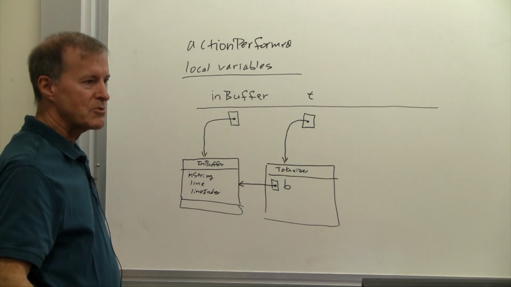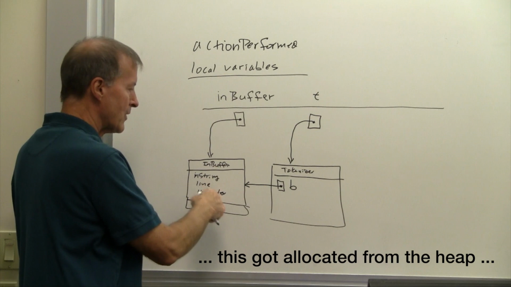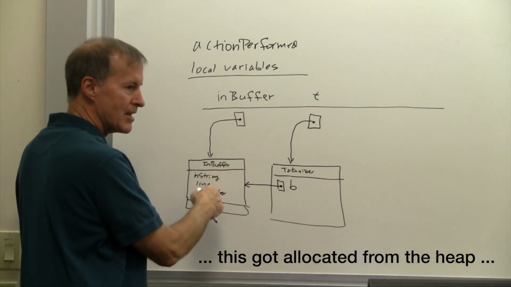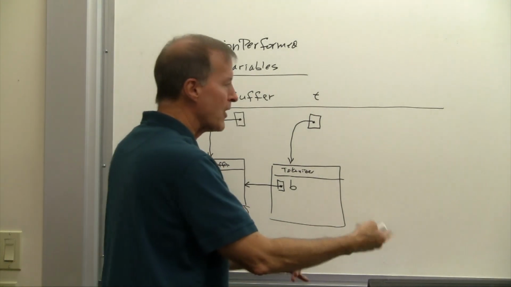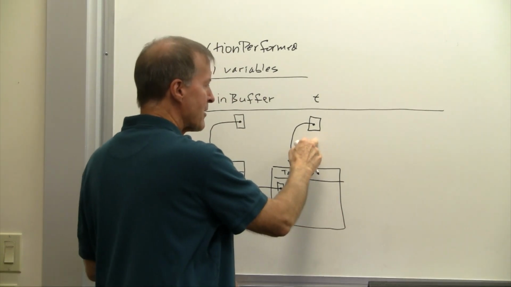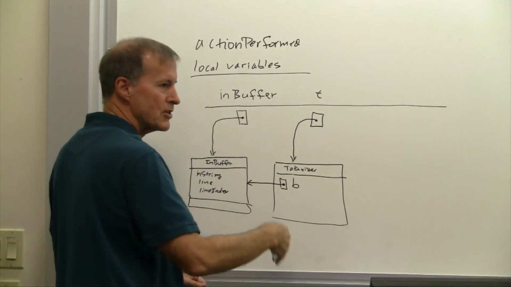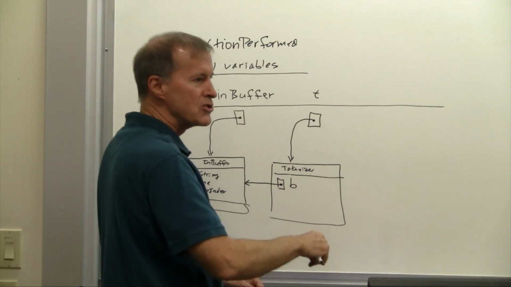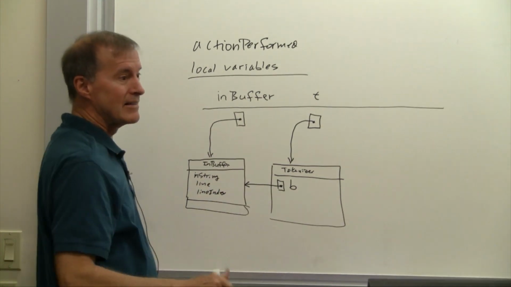We should conceptually see what's going on here. So what happened is this got allocated from the runtime stack, and that's an inBuffer. But we want to pass that reference, our t, we want to pass that reference to the tokenizer so that the tokenizer can use the buffer. You see?